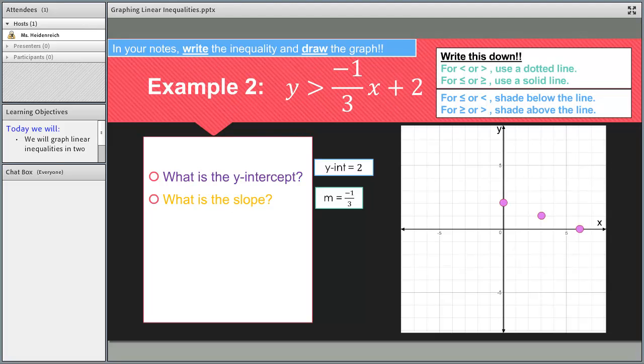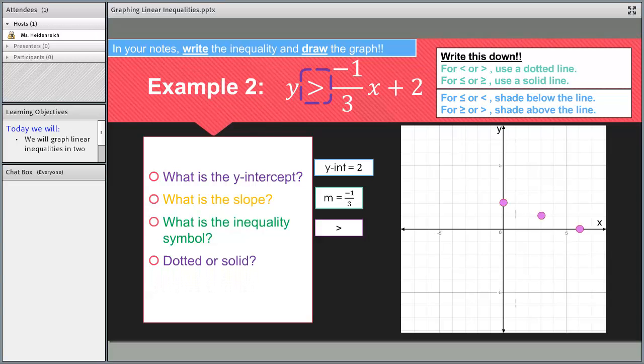And then you stop yourself and you say, am I supposed to do dotted, solid? And you look at the inequality symbol and it's greater than, which means we're going to use a dotted line because we're not including the y. It's y is greater than, not y is greater than or equal to. So dotted line.